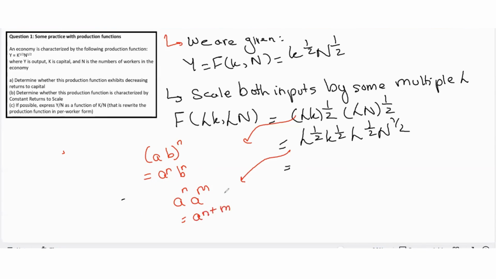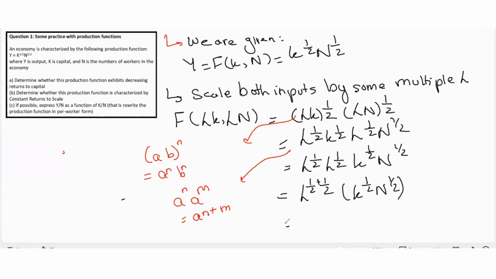So this becomes lambda to the power 1 by 2 plus 1 by 2, because when you have the same base being multiplied, you can add the powers up, and this is just K to the 1 by 2 N to the 1 by 2. This can be written as lambda times K to the 1 by 2 N to the 1 by 2. And what is this? This is just equal to lambda F(K, N), and this is just Y.